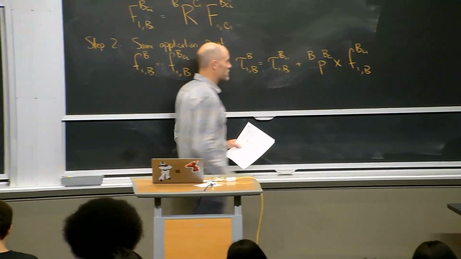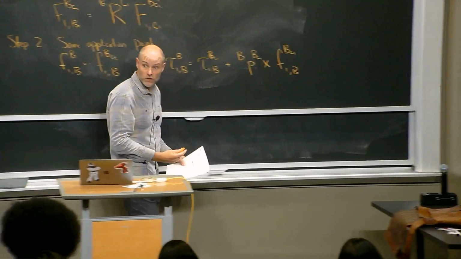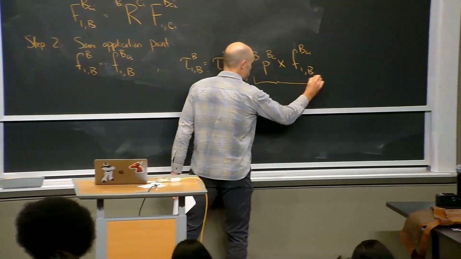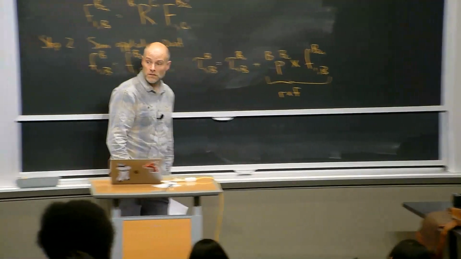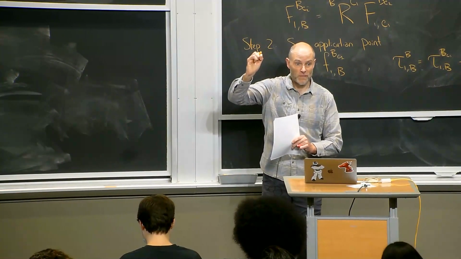That's a cross product, right? A vector cross product. These are both 3 by 3 vectors, and so that's a vector cross product. And this is just, in simpler free body diagrams, you probably would have just written this as R cross F, right? That's the standard. I'm producing a moment around the center of mass.